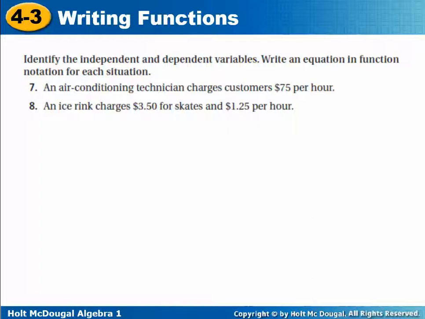Okay, here's what we are going to do for these on the assignment. An air conditioning technician charges customers $75 per hour. So we've got a cost and we've got time, hours. So the cost of having this air conditioning technician depends on time, number of hours.